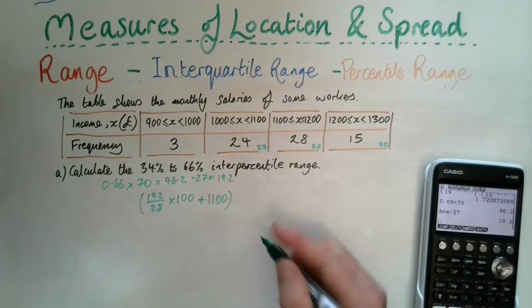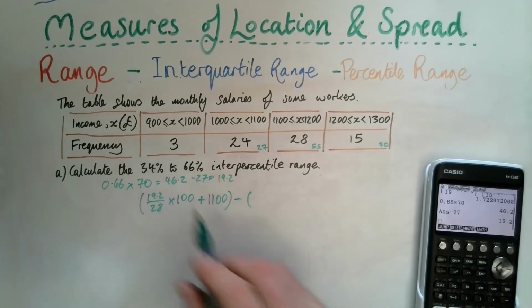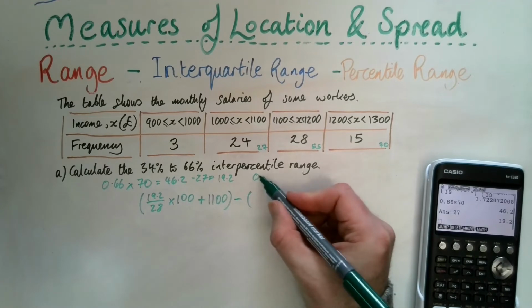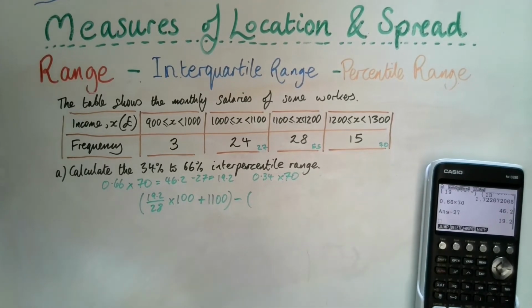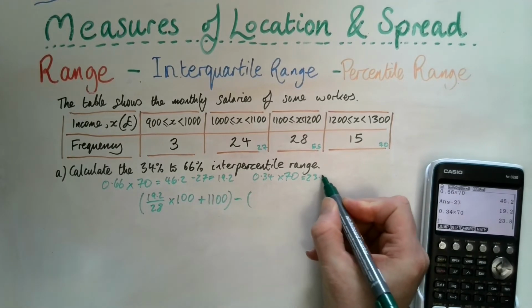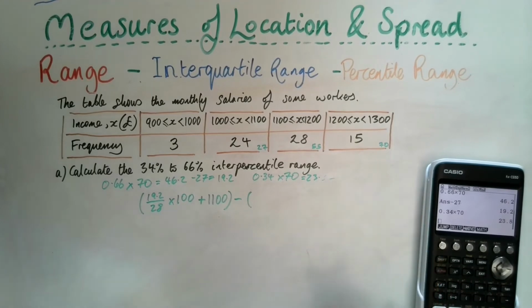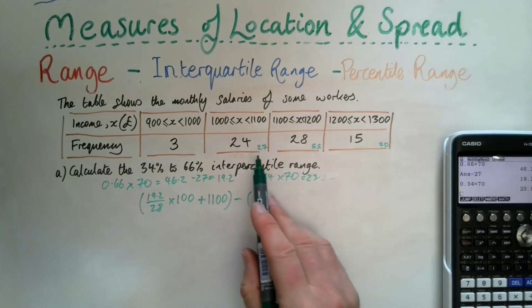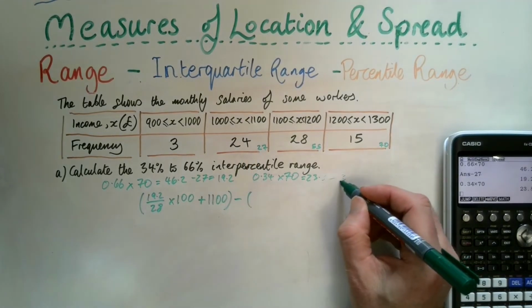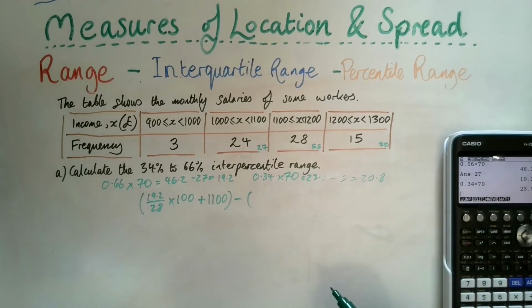That's interpolated. Now I'm going to take away the 34%. So 0.34 times 70 is 23.8. Anyway, take away from that, we know that's in there, take away the 3 that aren't in there, and we get 20.8.